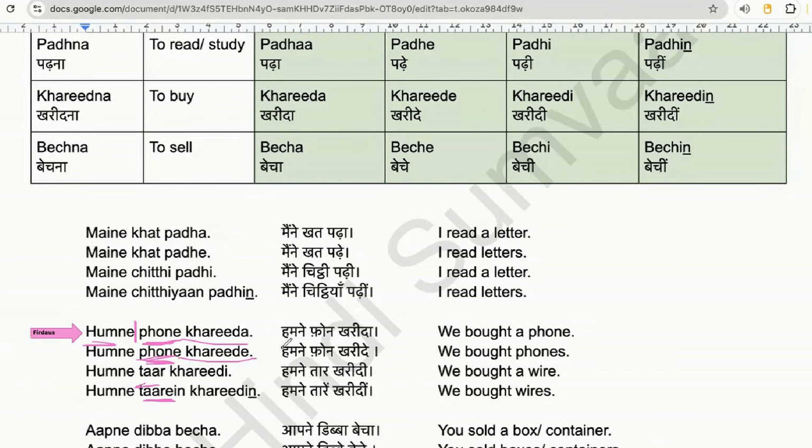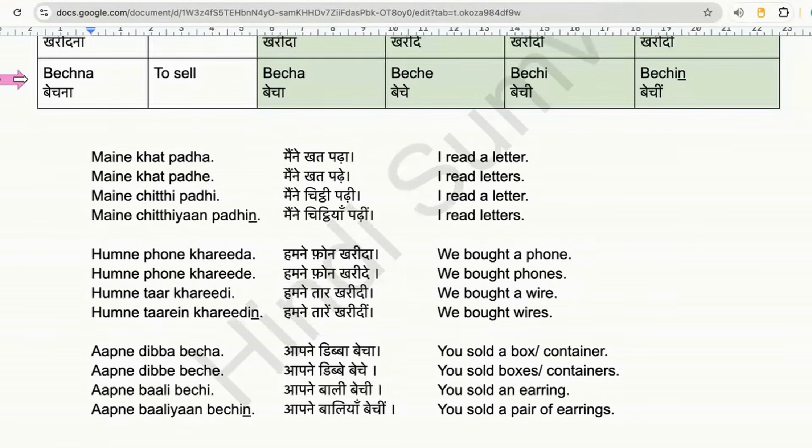We bought phones. हमने तार खरीदी. तार means a wire, which is a singular feminine word. So go with singular feminine form. And हमने तारें. तारें is wires. Plural feminine word. So go with plural feminine form. हमने तारें खरीदी.